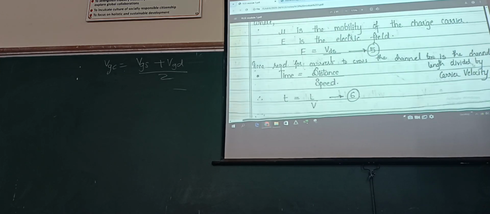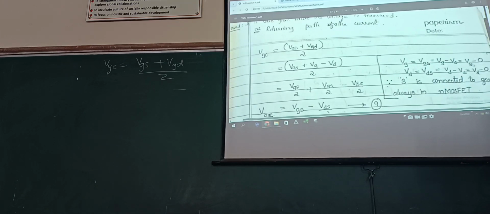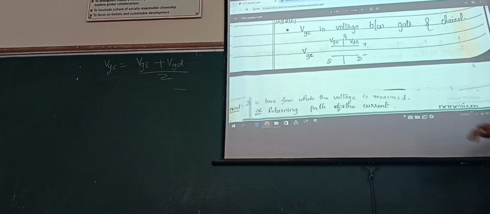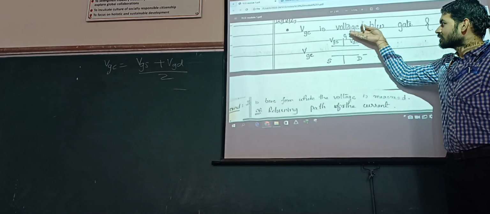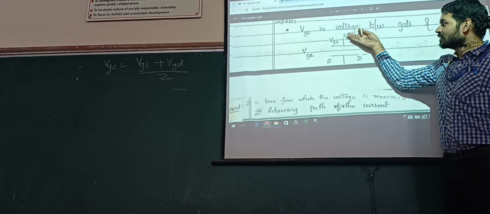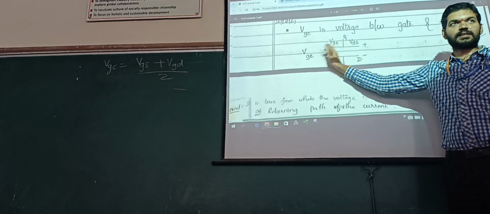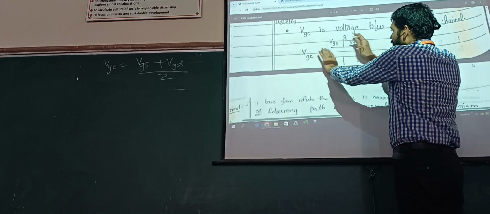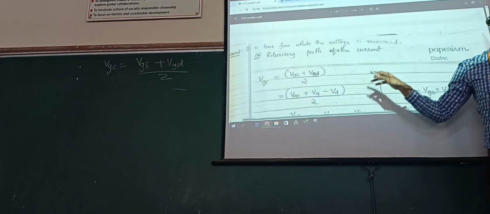So for defining VGC, I am considering the voltage applied. The voltage applied is VG, but that VG can be considered as VGS plus VGD divided by 2, split across the source side and the drain side. That is VGC. That itself is written here.